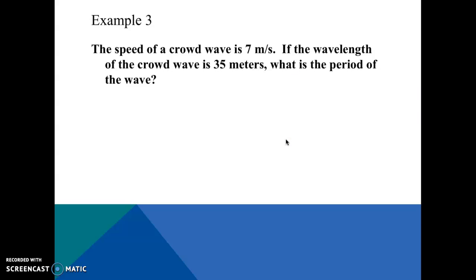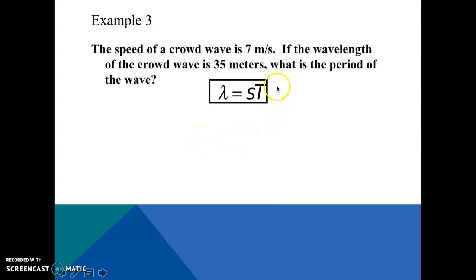Next, the speed of a crowd wave is 7 meters per second. If the wavelength of the crowd wave is 35 meters, what is the period of the wave? So right away I'm thinking, okay, I have s, I have my lambda, I'm looking for my capital T, which is period. So I'm going to use lambda equals s times T. Of course, I'm going to rearrange the equation just like our other physics equations.